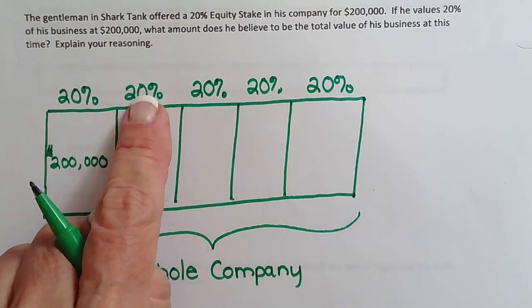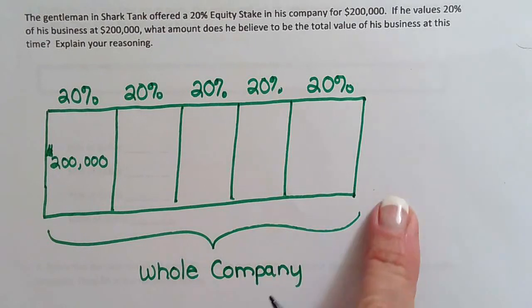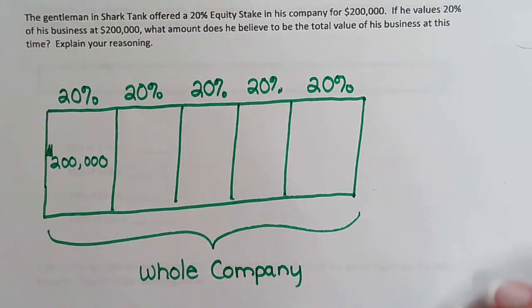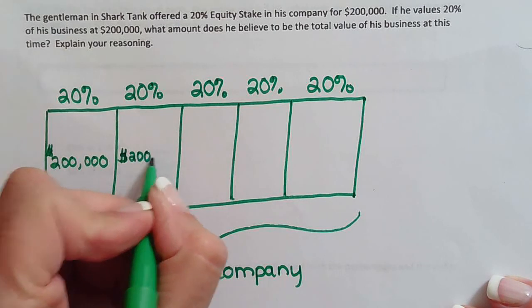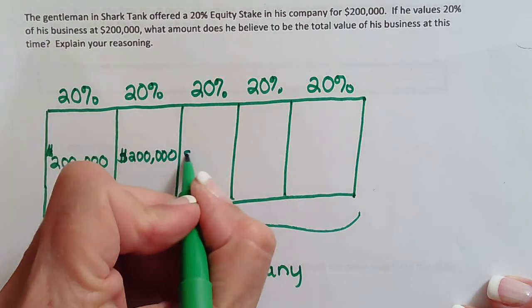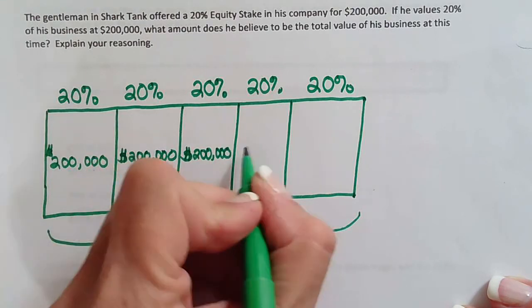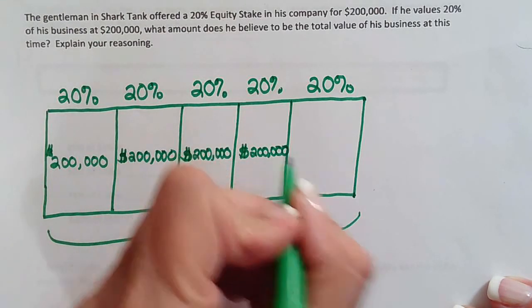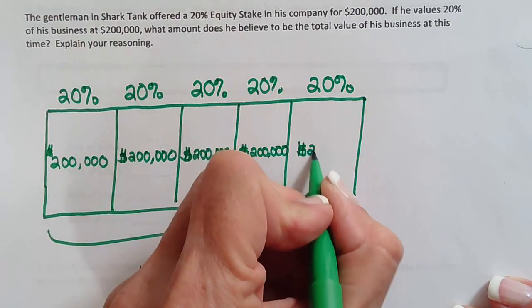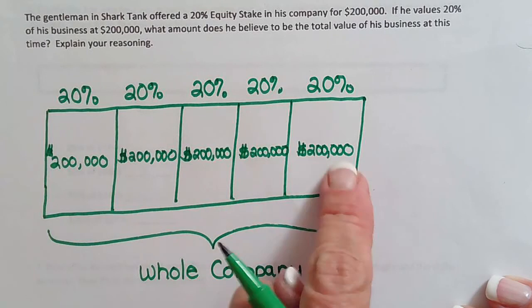I just went, well, there are 5 20s in 100, and his whole business is obviously 100%. So this piece is 200,000, this piece is 200,000, and this piece is 200,000. Now we can say his company's worth 5 of those.